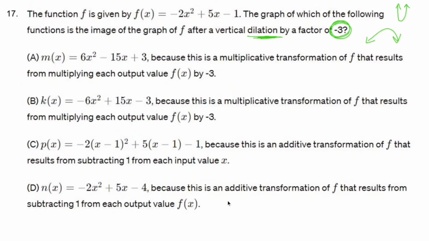So the image would be negative 3 times f of x, which is negative 3 times negative 2x squared plus 5x minus 1. So you distribute negative 3: 6x squared, negative 15x, positive 3. 6x squared minus 15x plus 3 is our result.